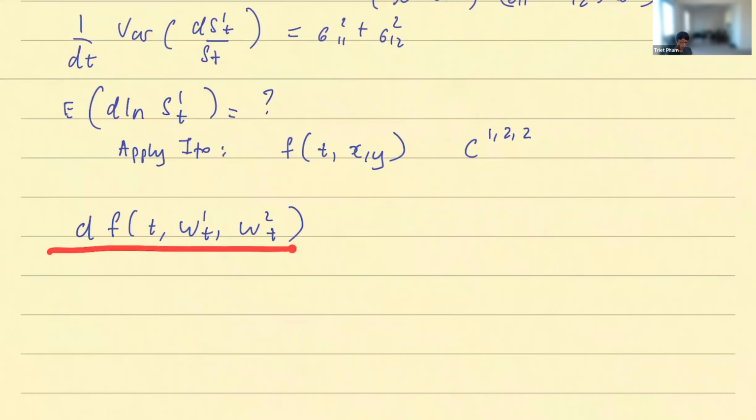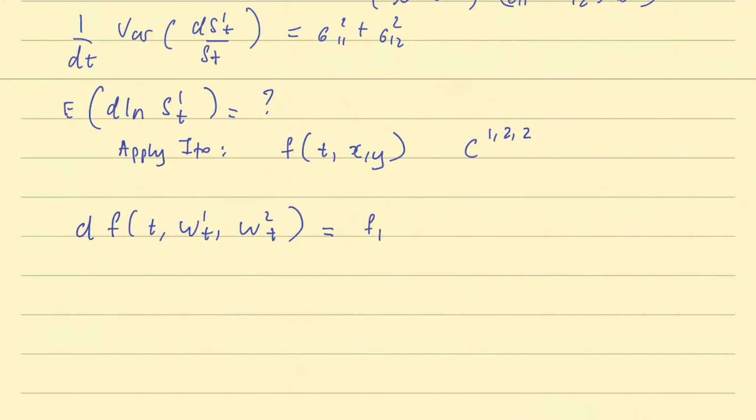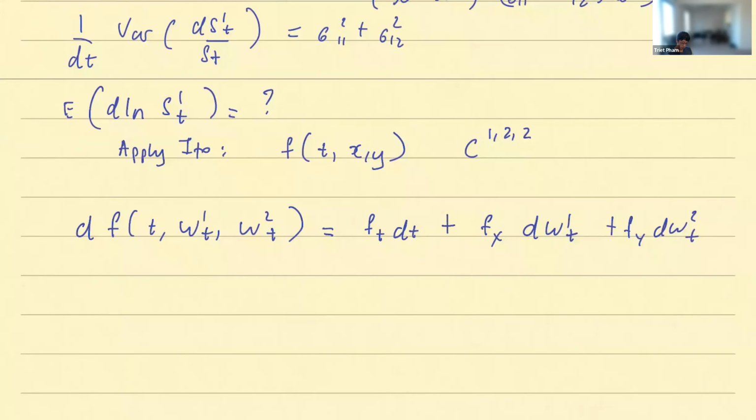Now, can anyone tell me how this would work? It would be f_t dt, and then f_x dW_t^1, f_y dW_t^2, and then f_xy dW_t^1 dW_t^2.